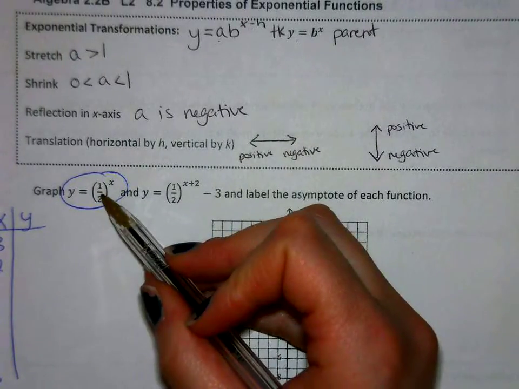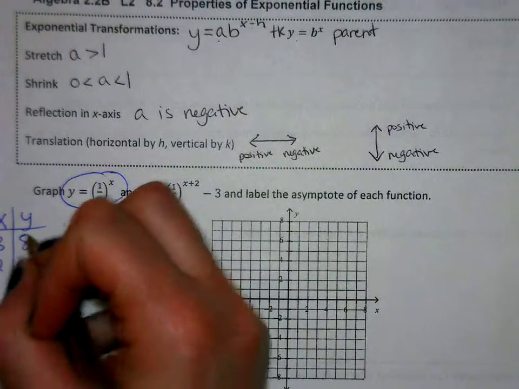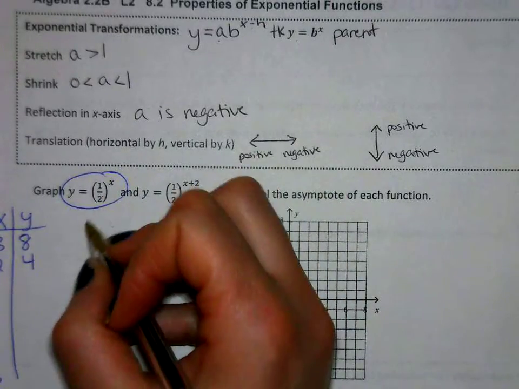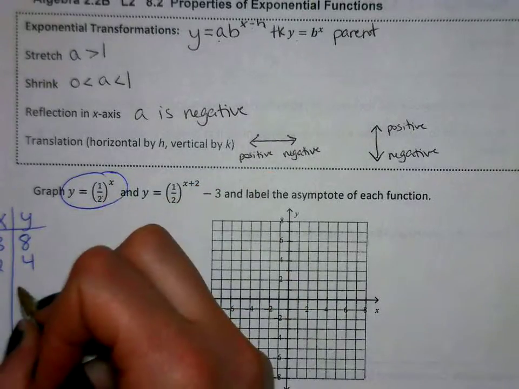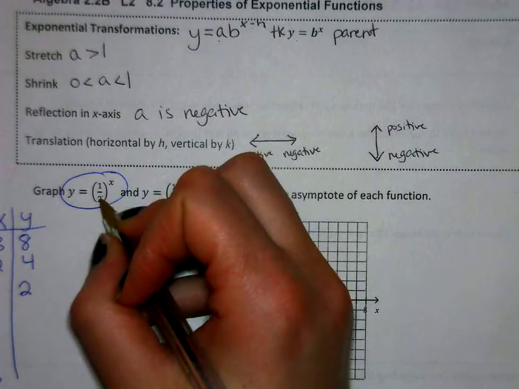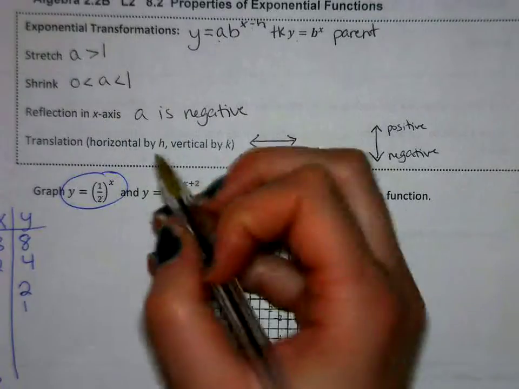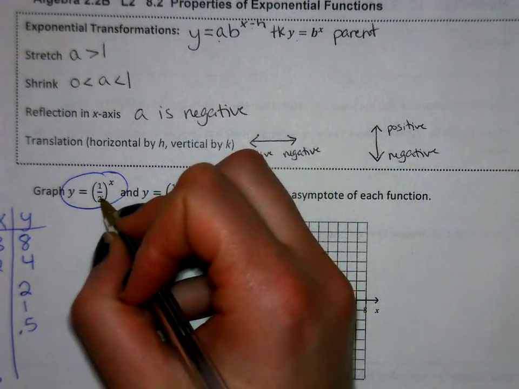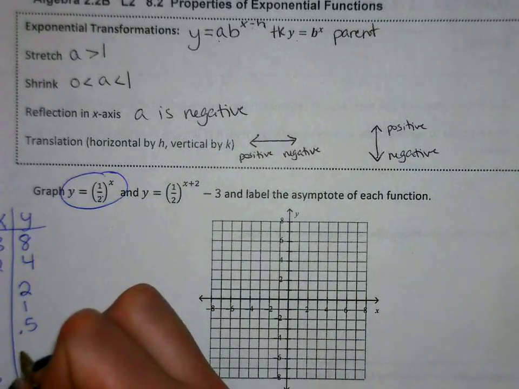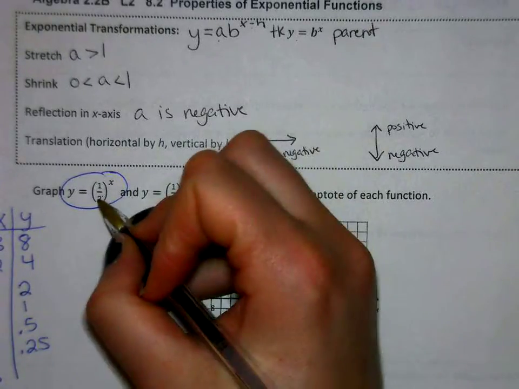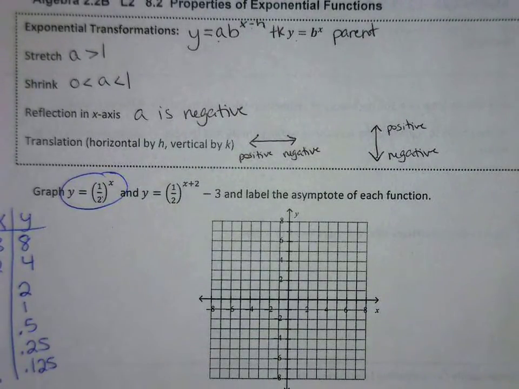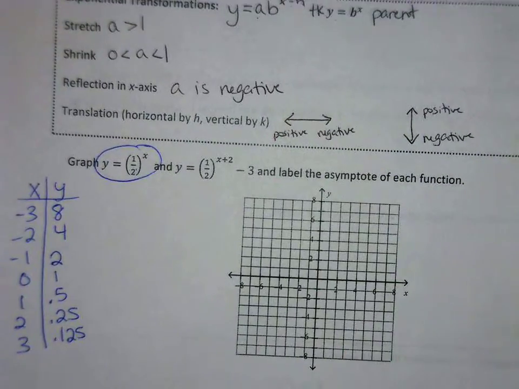If we plug in a -3, 0.5 to the -3 is 8. 0.5 to the -2 is 4. 0.5 to the -1 is 2. 0.5 to the 0 power is 1. 0.5 to the first power is 0.5. 0.5 to the second power is 0.25. And 0.5 to the third power is 0.125. You can always use your calculator to check my work and see how I got those numbers as well.